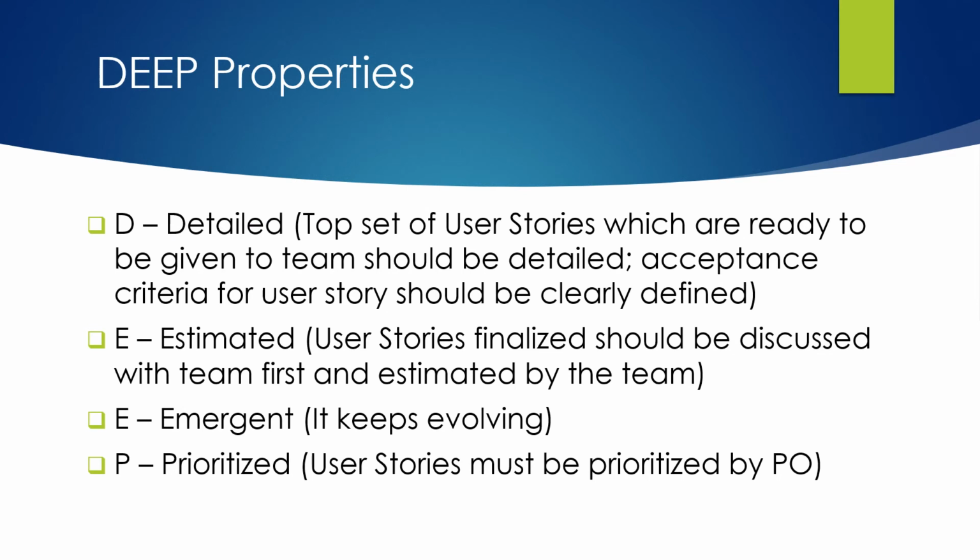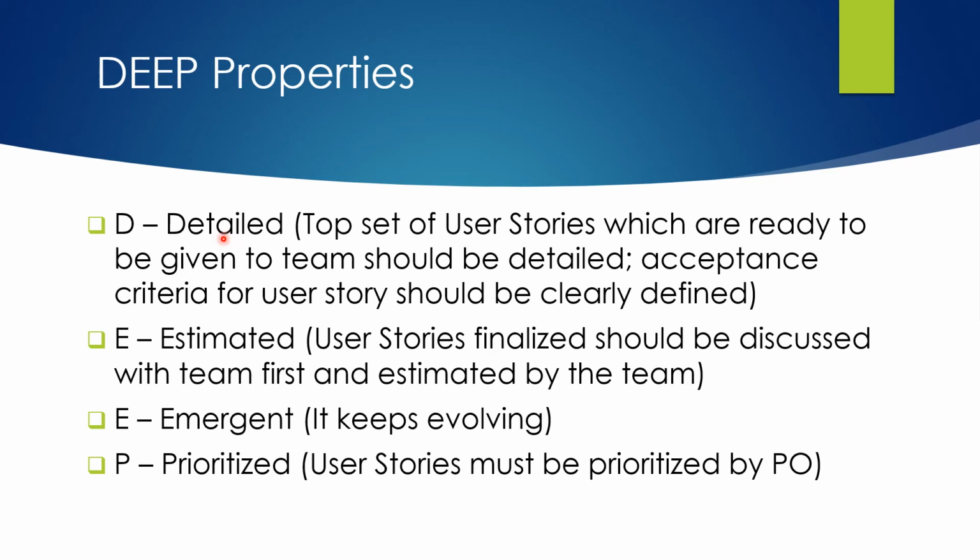Now let's understand the DEEP properties of a product backlog, like what the key attributes of a good product backlog are. These key attributes are defined using the DEEP properties. That simply says that the backlog should be detailed, it must be estimated, it must be emergent, and it must be prioritized.